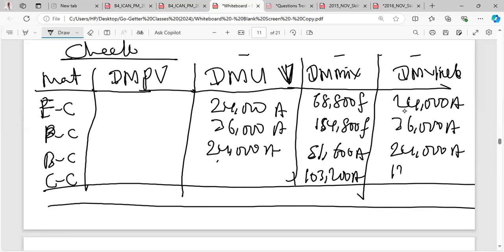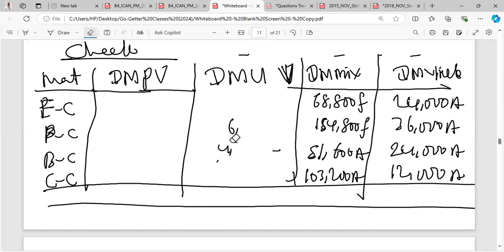So we are going to derive our usage variance by adding these two and checking if it gives us the same answer as what we did before.